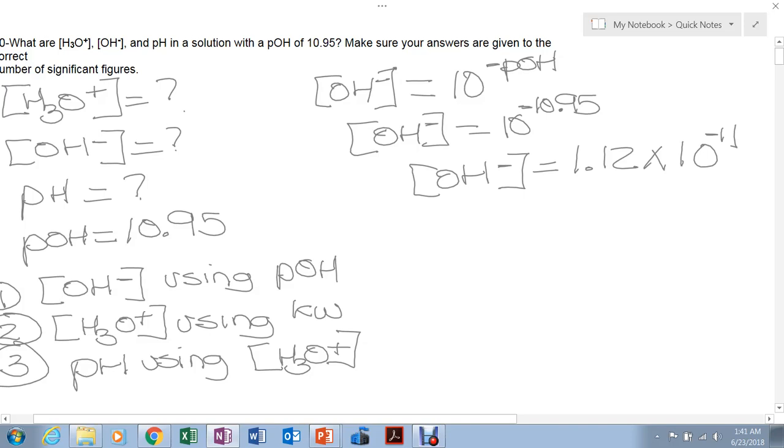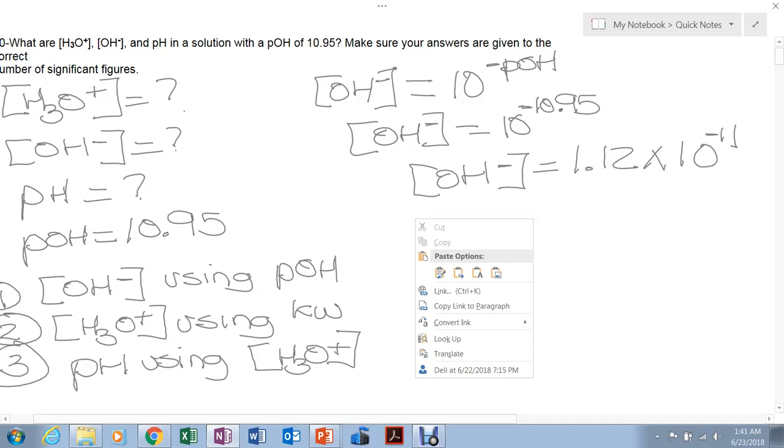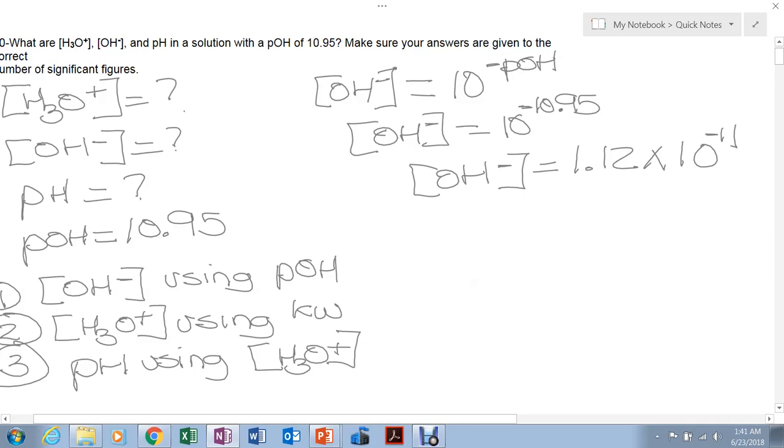So using Kw, which is 1.0 times 10 to the negative 14, we're going to find the concentration of hydronium.